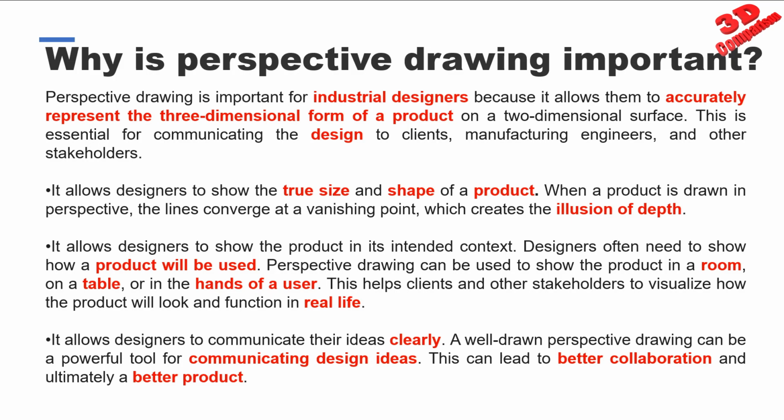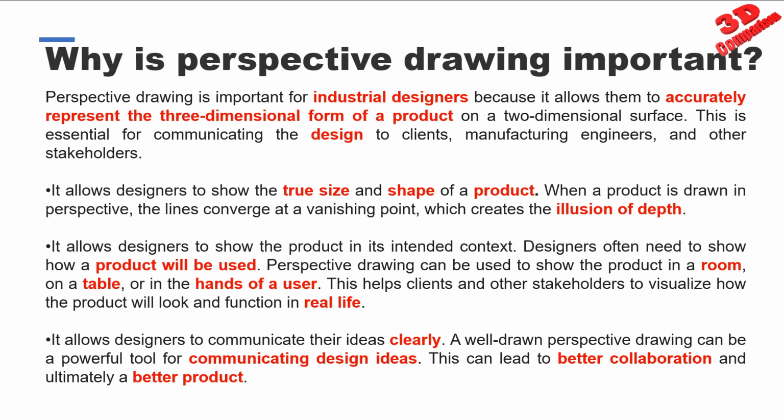For industrial designers, this is really important because it allows them to accurately represent the 3-dimensional form of a product onto a 2D surface. And this is essential to communicate the design to the clients, to all the engineers involved in the manufacturing of the product, as well as to other stakeholders.